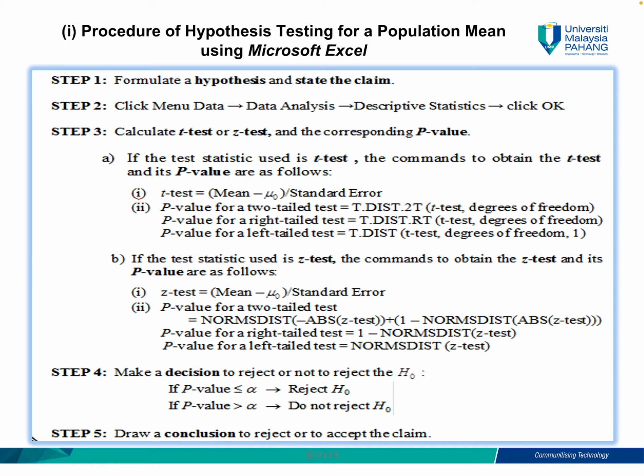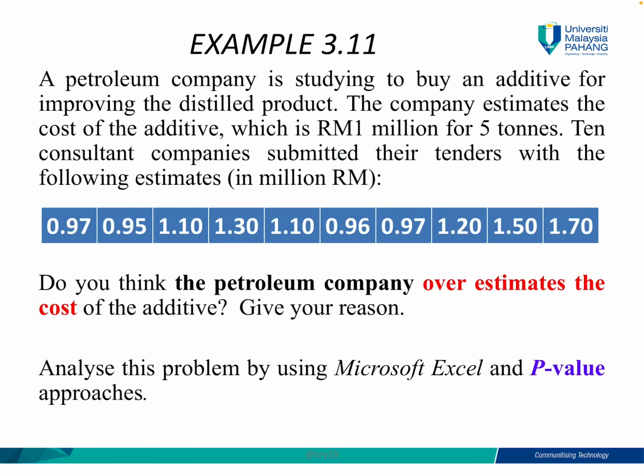Okay, how to conduct hypothesis testing using Microsoft Office Excel. So you can go through this procedure, right? So we have given you step 1, step 2, step 3, step 4 and step 5. So you can follow this procedure. Alright, so example 3.11. A petroleum company is studying to buy an additive for improving the distilled product.